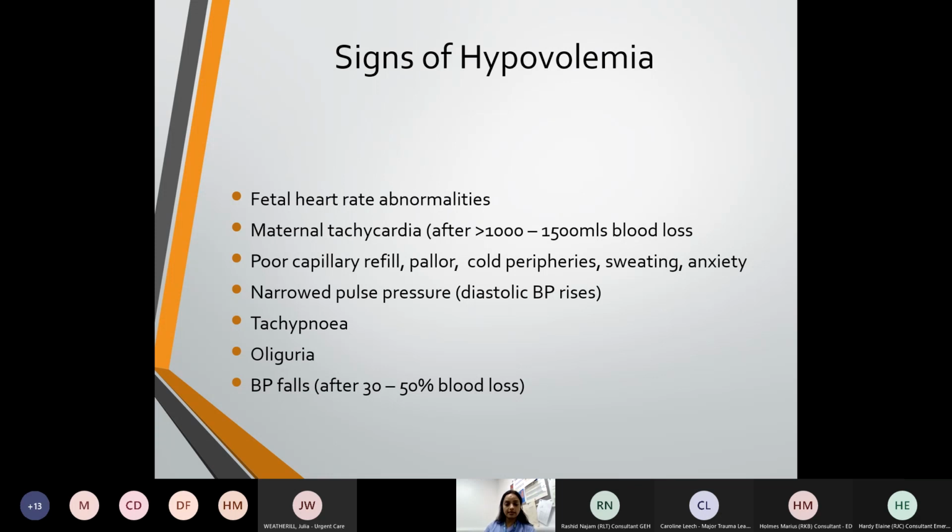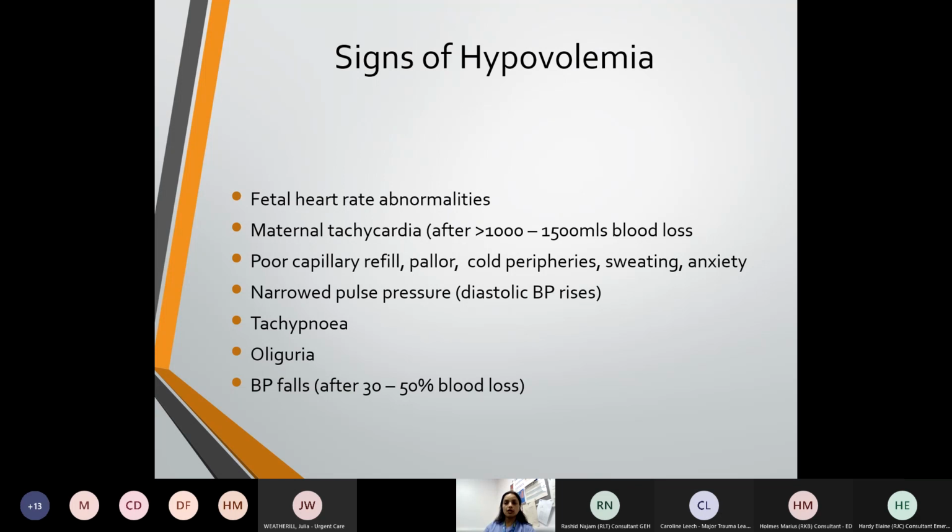In addition, obviously, there are other signs of hypovolemia, which you will find in the non-pregnant population as well, including capillary refill, pallor, cold peripheries. But as I said to you, if we are waiting for these signs, then sometimes we might be waiting for too long, really. It may be a late sign in pregnant patients.